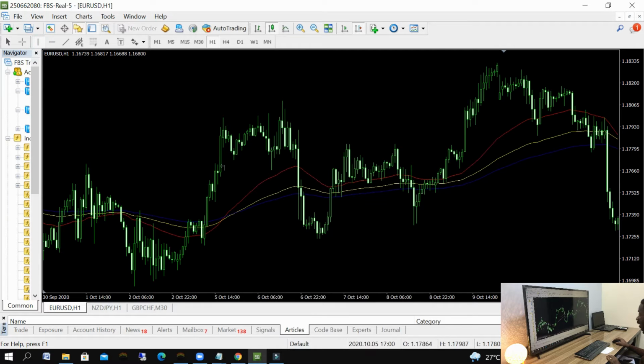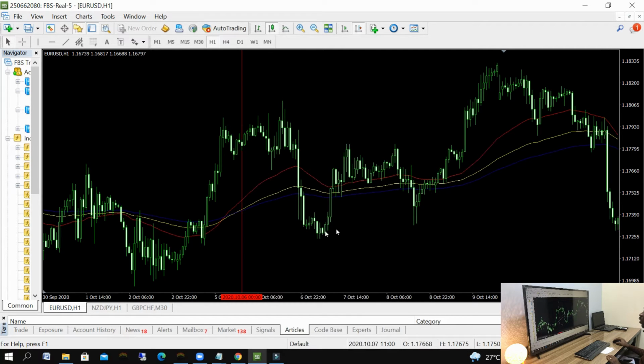We are not entering buy yet. So you can see from this area the first condition is being met. The 50 is above the 100 and the 100 is above the 150.